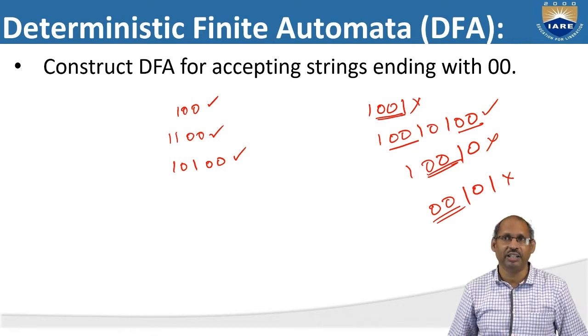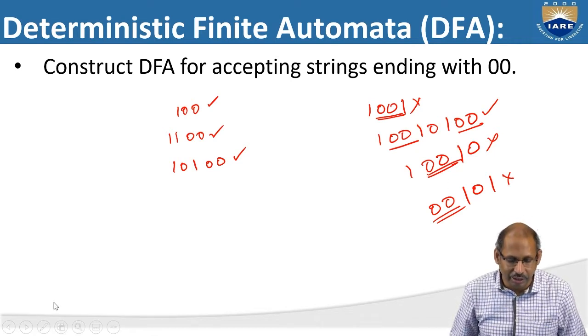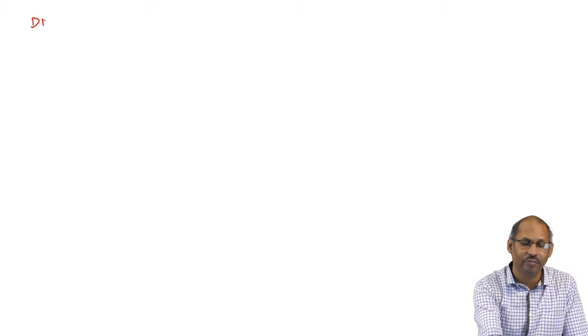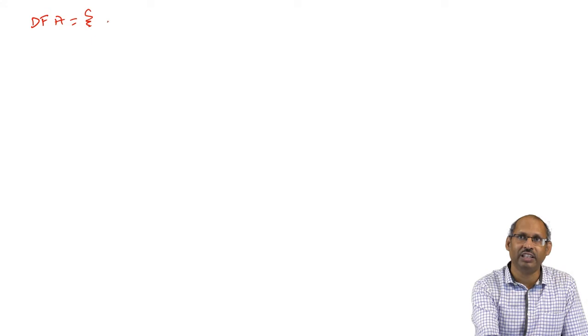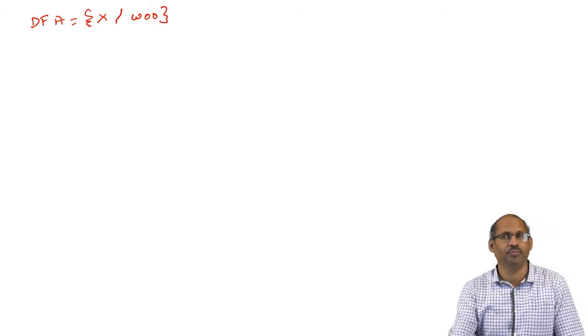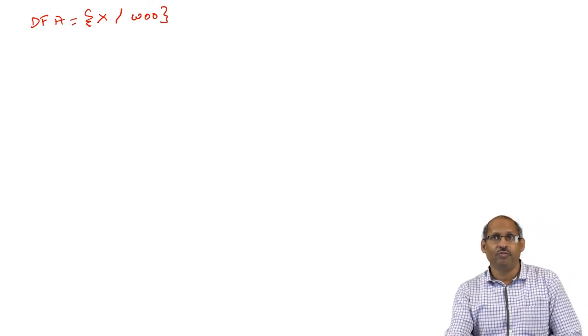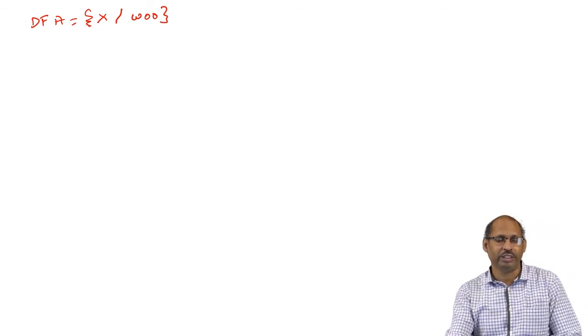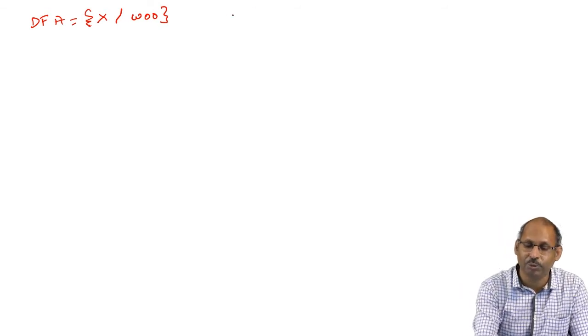Now we will see the construction of the finite automaton. We have to construct a DFA which consists of all the strings x that end with two zeros. Now we have to represent the 5-tuple notation.